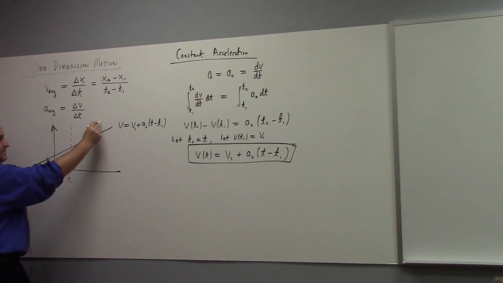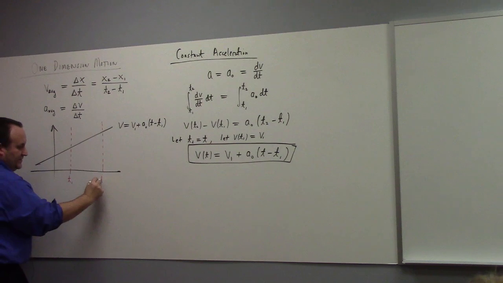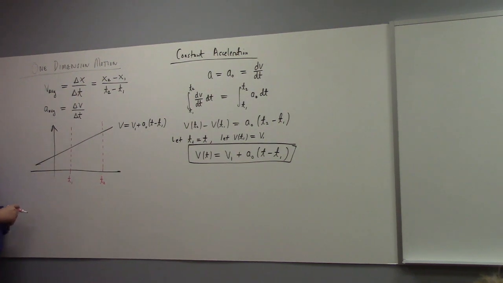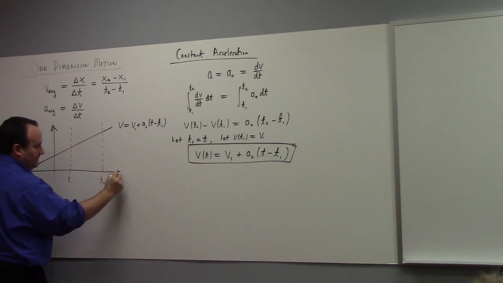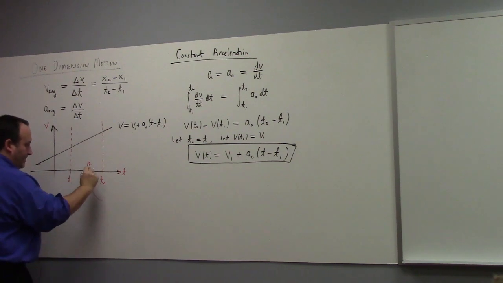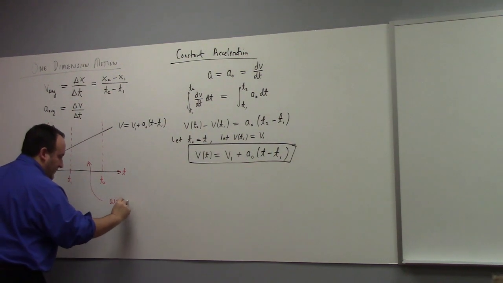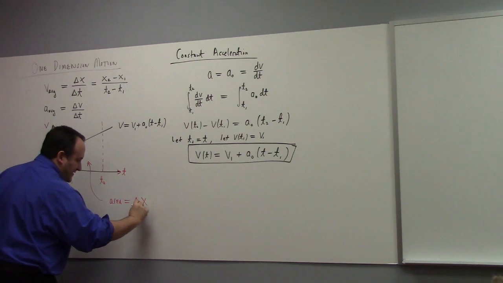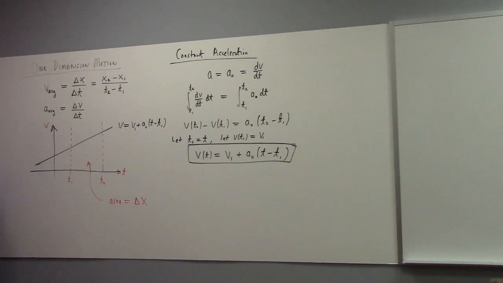So here's t1, here's t2, right? So I'm graphing time versus velocity here. What's the meaning of the area? Distance traveled, the displacement we called it last time, right? So delta x, or in other words, x2 minus x1 is the area, right?